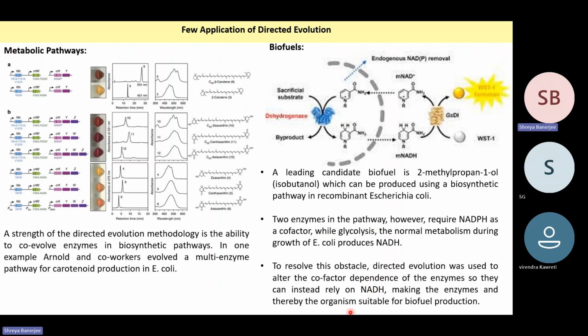NADH is available in large quantities to E. coli. So now these enzymes, which are in the pathway of producing isobutanol, will be much more effective. The efficiency of isobutanol production is increased greatly by mutating the enzymes such that they depend on the cofactor NADH, which is more widely available than the cofactor NADPH.